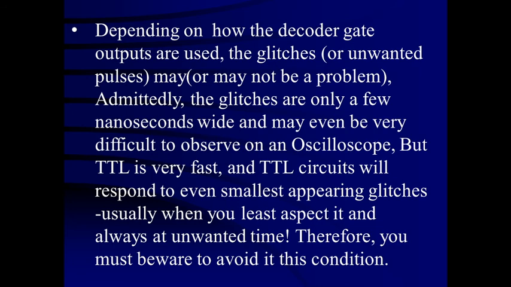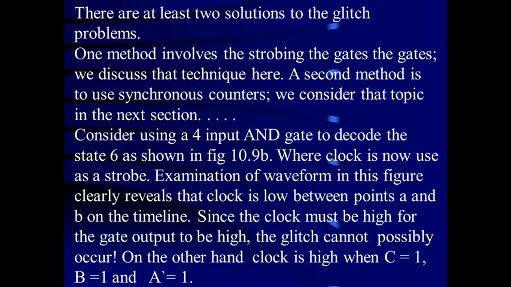Admittedly, the glitches are only a few nanoseconds wide and may be very difficult to observe on an oscilloscope, but TTL is very fast and TTL circuits will respond to even the smallest glitches, usually when you least expect it and always at an unwanted time. Therefore, you must beware and avoid this condition. There are two solutions to remove this glitch problem. One method involves strobing the gate.